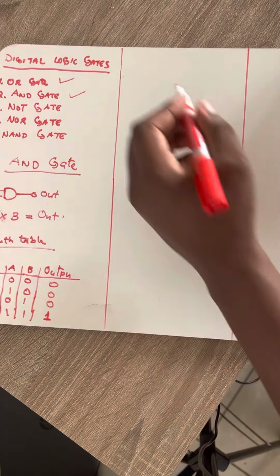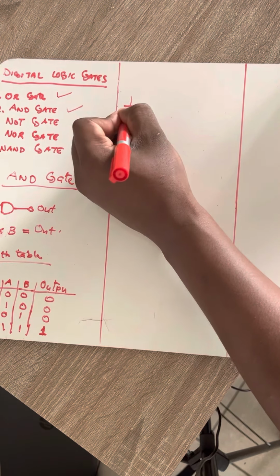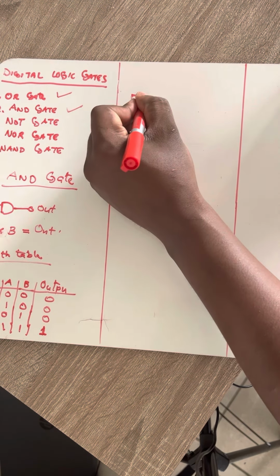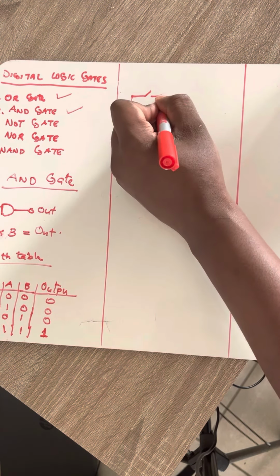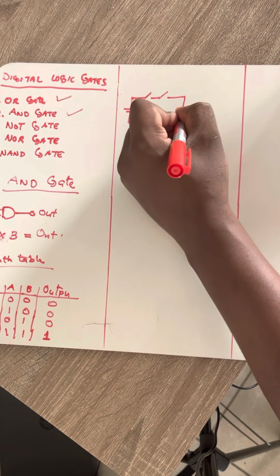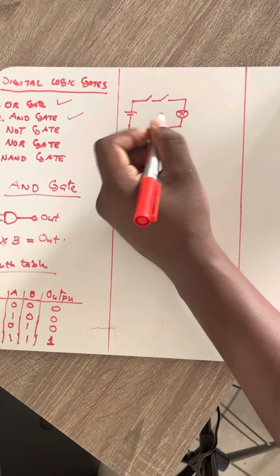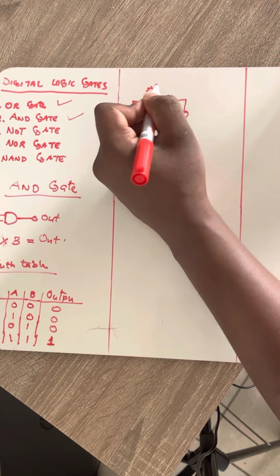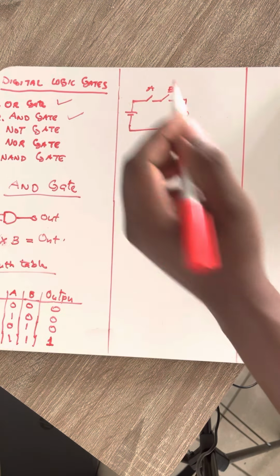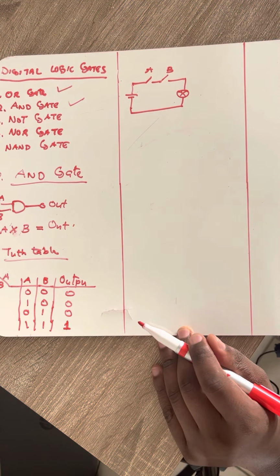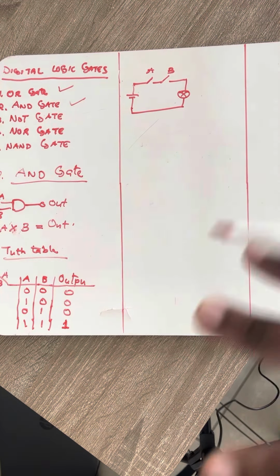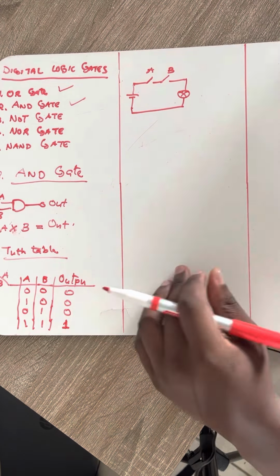Let's say we have a battery here, then the first switch, then a second switch, then an LED or a bulb. This switch will be switch A, and this switch will be switch B, and both of these switches are in series.